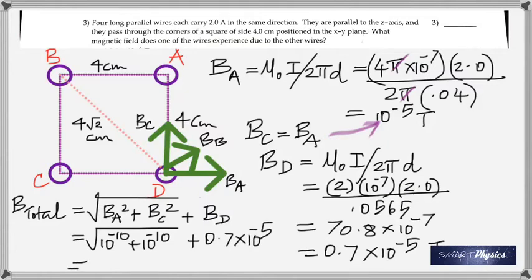So when you do that, you get 2.1 times 10 to the minus 5 Tesla.